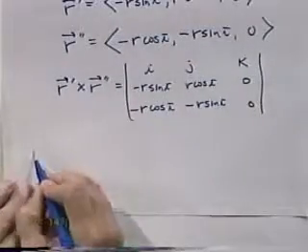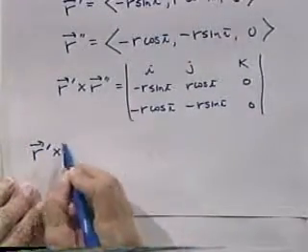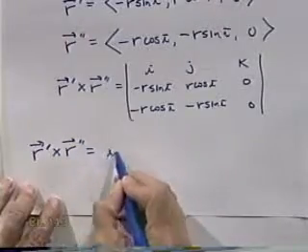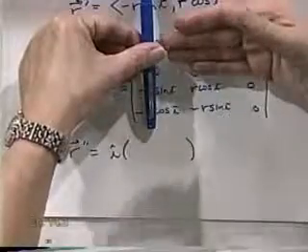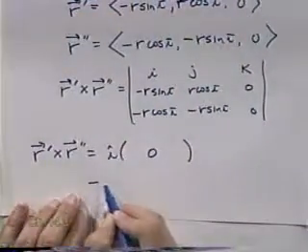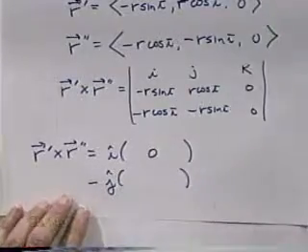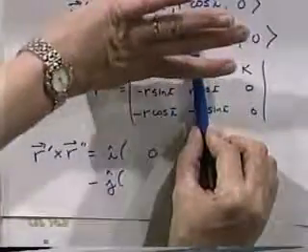So r prime cross r double prime is equal to i times, eliminating the row and column that i is in, we've got 0 minus 0, so that's good. Minus j times, eliminating the row and column that j is in, I get 0 minus 0 again. That's good.